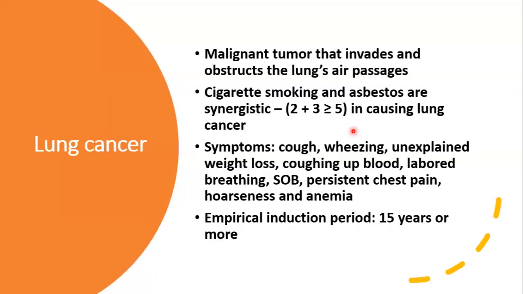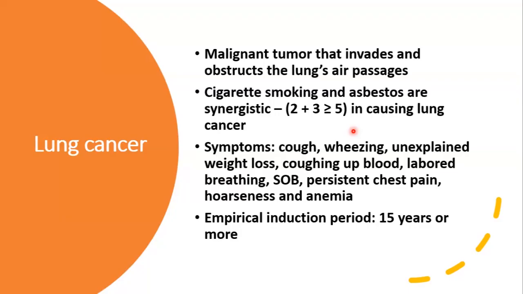But lung cancer, you all know, well, it's a malignant tumor, so it invades and obstructs the lungs' passages. We know, and you should never forget, that cigarette smoking and exposure to asbestos fibers is synergistic in causing lung cancer. And there are a lot of symptoms there: cough, wheezing, unexplained weight loss, coughing up blood, labored breathing, persistent chest pain, hoarseness.